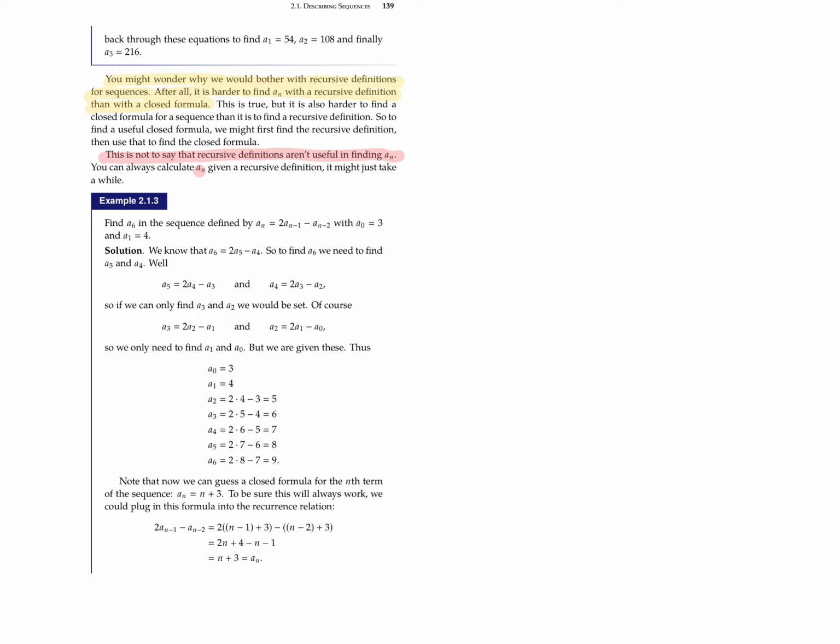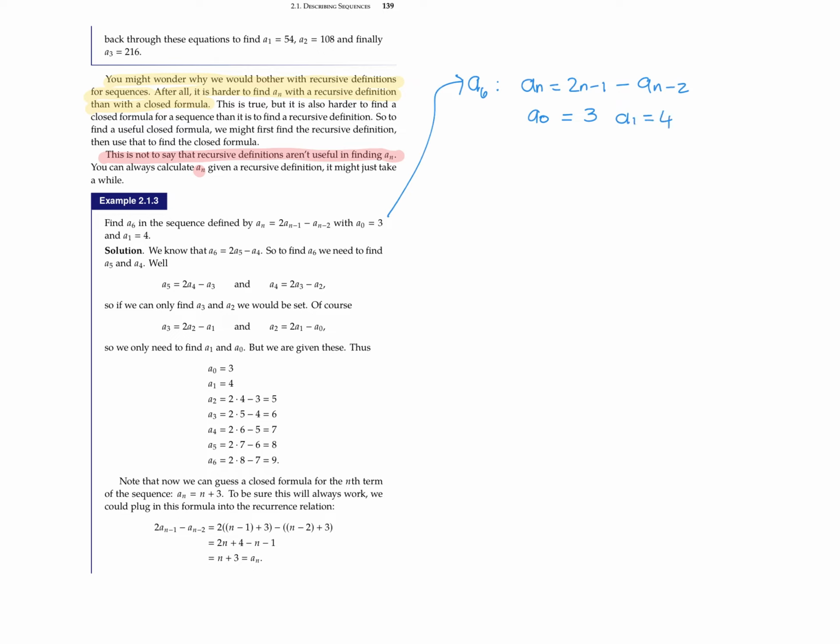The example. They want a6. The definition is an equals 2an-1 minus an-2, with the initial conditions a0 is 3 and a1 is 4.